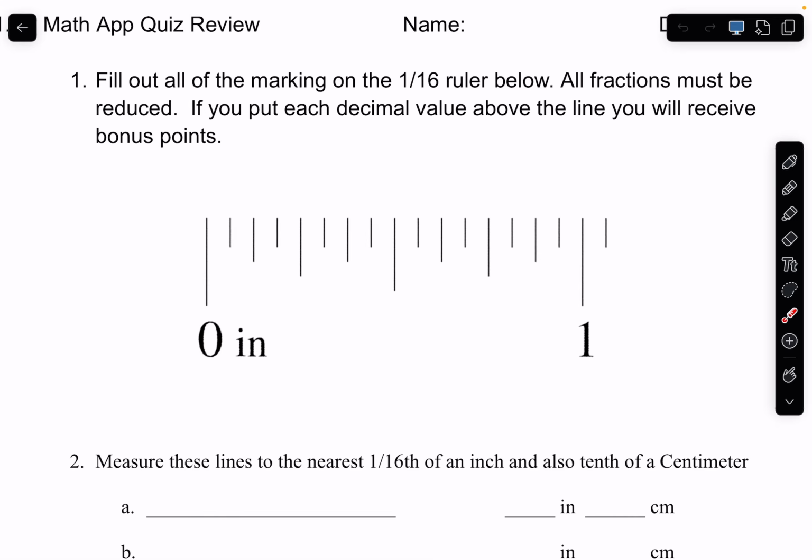I want you initially just to count. So this is 1/16, 2/16, 3/16, 4/16, 5/16, and just write down those initial 16ths for me. I'll give you all time to do that. I'll do mine. Write in your 16ths for me.